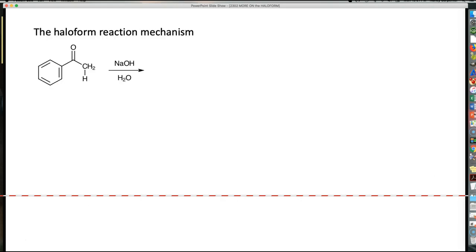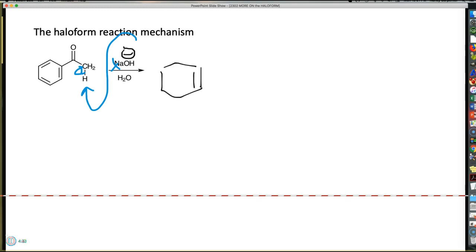So how does the haloform fit in? Well, the haloform fits in in so many ways. First of all, it fits in with chapter 6 chemistry, which is, of course, proton transfer. Proton transfer to make the enolate.